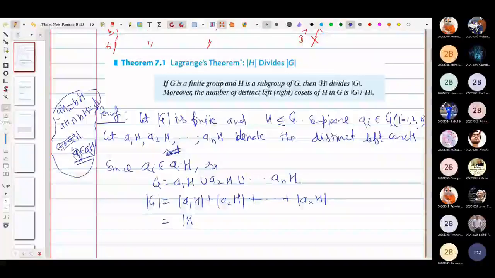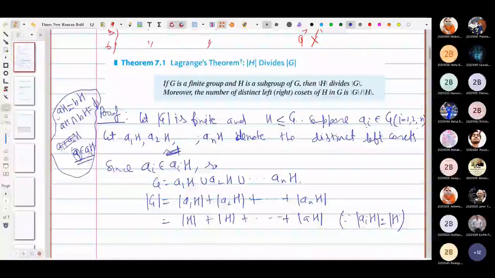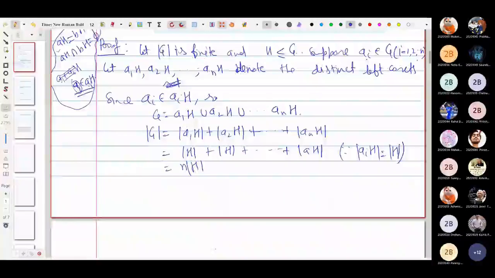And this is equal to the order of H plus the order of H plus the order of H, because the order of a_iH equals the order of H. That we know already. Okay. So they are n in number. So this is equal to n times the order of H. Fine. So this should imply that the order of H divides the order of G.